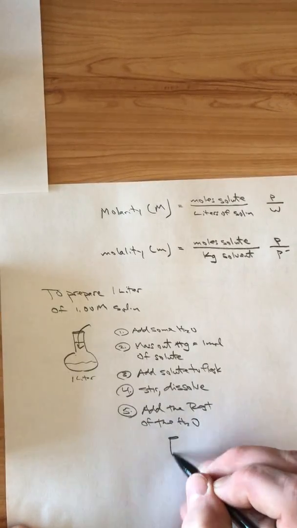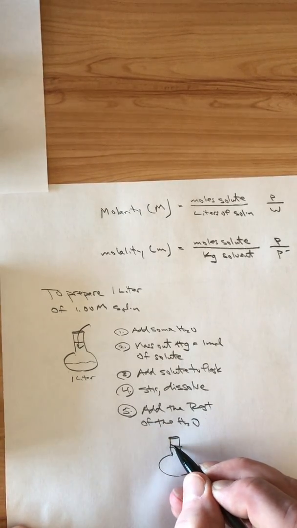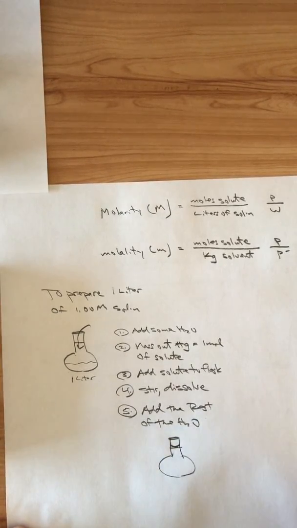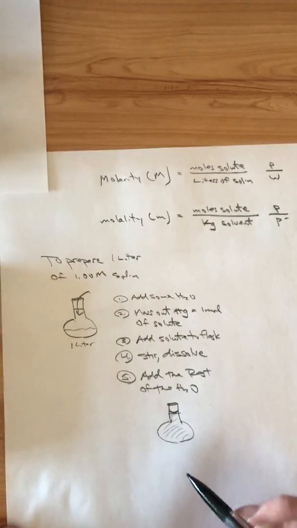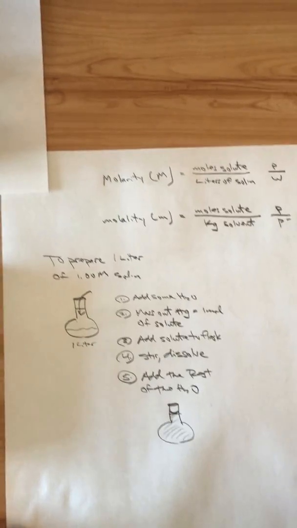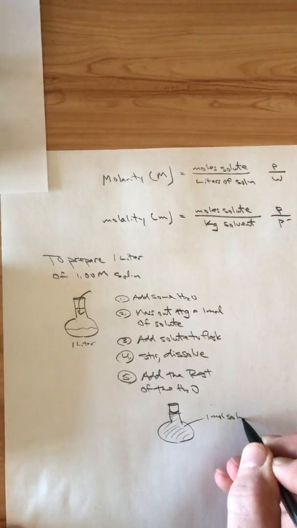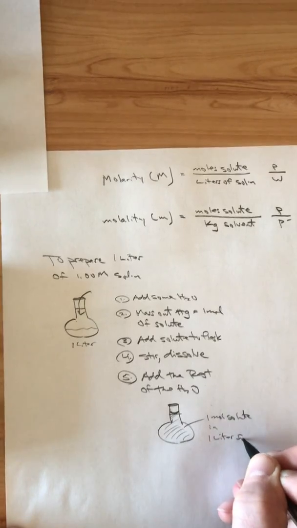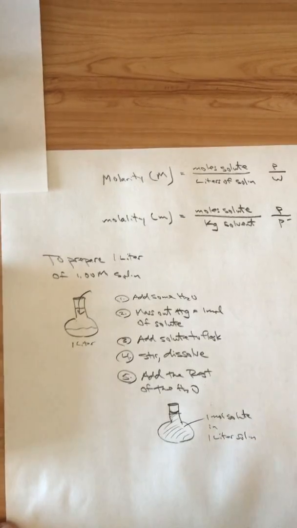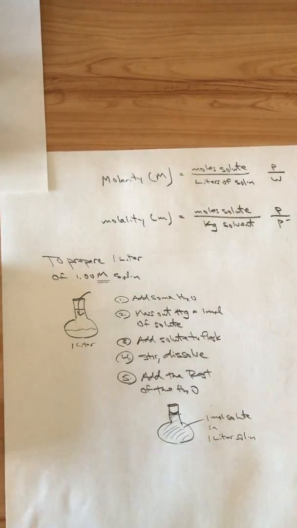When you're done, the bottom of the meniscus will be even with that 1 liter mark, and you'll have exactly 1 mole dissolved in 1 liter of solution. Now that's for a molar solution. If you want a molal solution, a little bit different.